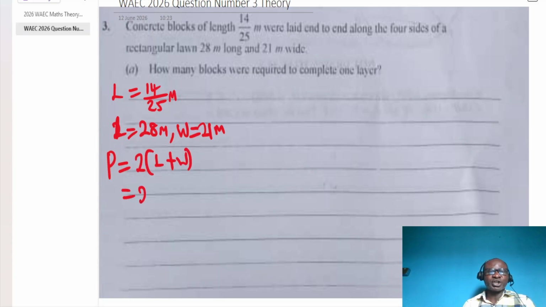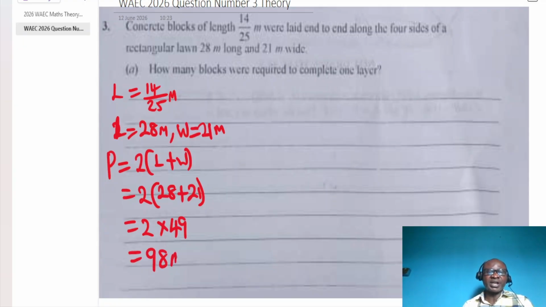Now, the dimension is known. The length of the lawn is 28 and the width is 21, meaning that we add 21 to 28, which gives us 49. When we multiply it by 2, going by the formula for perimeter, that gives us exactly 98 meters. What this means is that the rectangular lawn has a perimeter of 98.